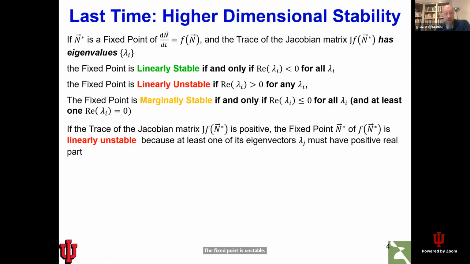Because the sum of the eigenvalues is equal to the trace. And so if the sum is positive, then at least one value has to be positive. It doesn't tell you if the sum is negative, you could still be unstable because you could have a positive one outweighed by more negative ones. But if the trace is positive, you're definitely unstable.